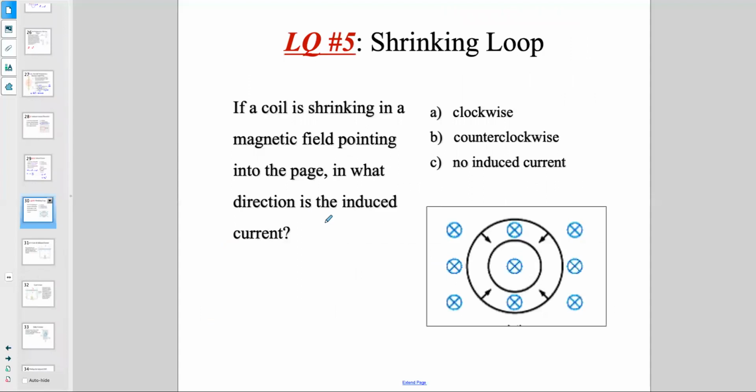If a coil is shrinking in a magnetic field pointing into the page, in other words, the area is getting smaller, okay?